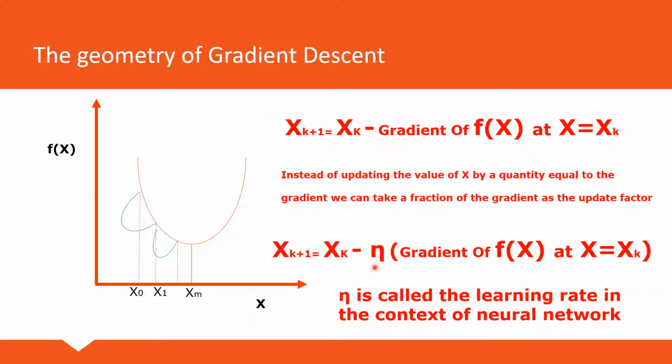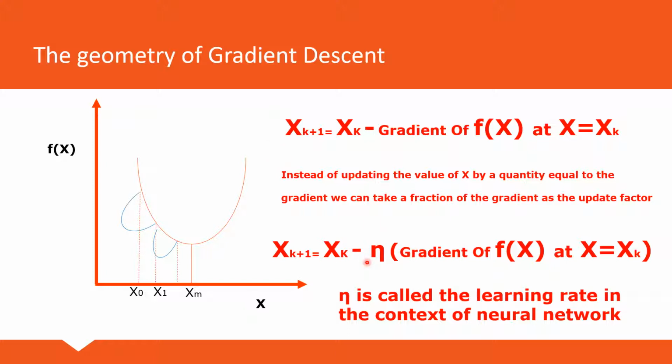If we take very small values closer to 0, then whatever be the size of the gradient, we will be taking very small steps, baby steps towards the desired value. That way the convergence time will be a lot more, but it will be ensured that we will not skip the desired value and go to the other side.